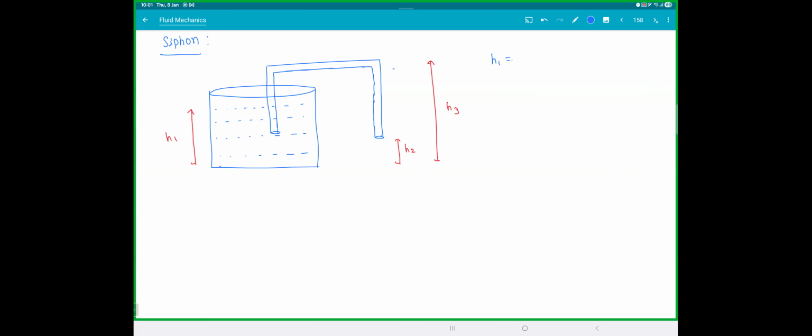Height of the liquid from the reference. What is H2? Height of the opening. What is H3? The maximum height of the siphon. Again, a pretty simple concept. The formula is there, but you should know how it works.